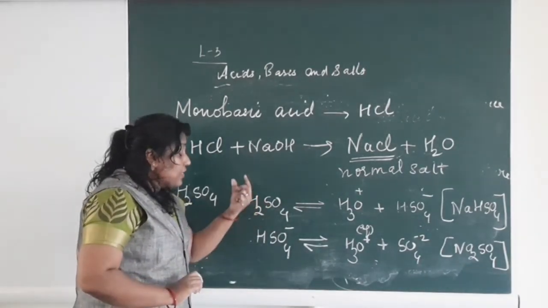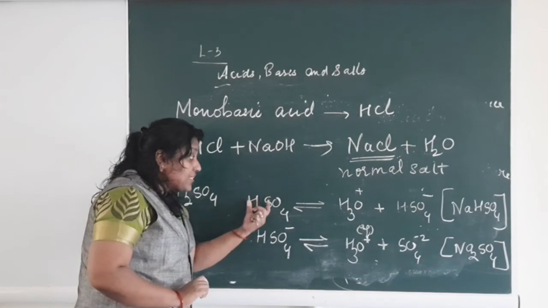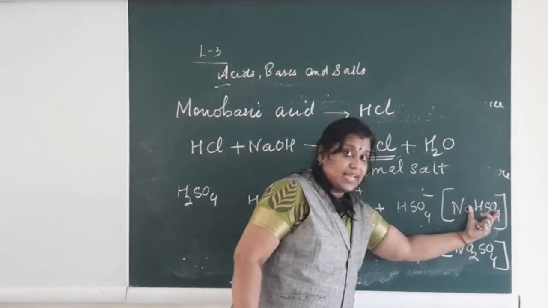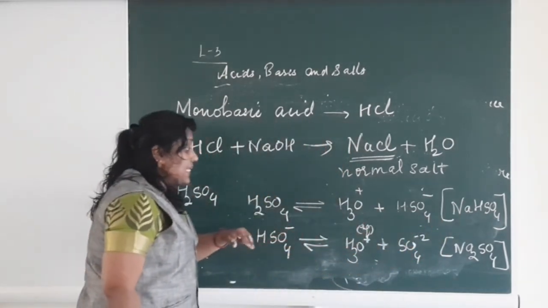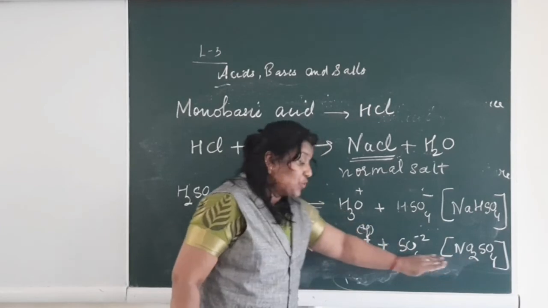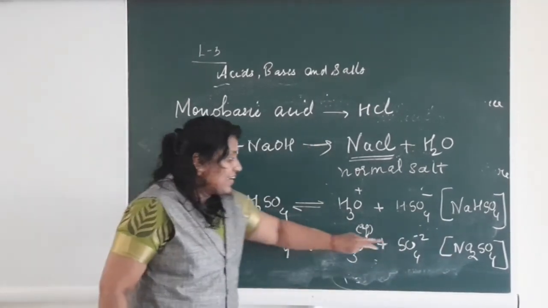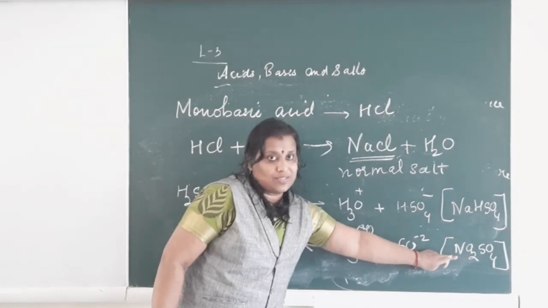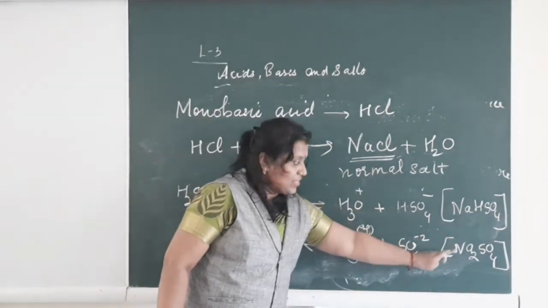Okay, and so in the first instance, you get one salt which is sodium bisulfate, an acidic salt, and the other one where you show the removal of all hydrogen and formation of another salt which is a normal salt. Acidic salt, normal salt.